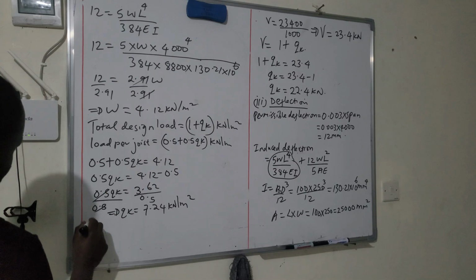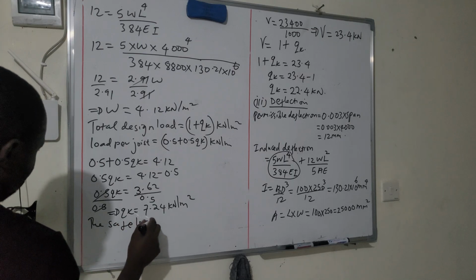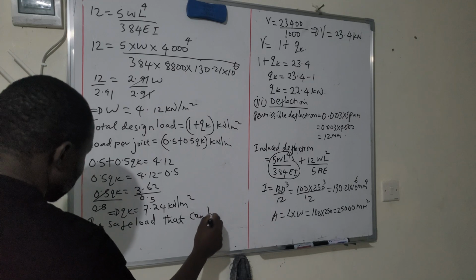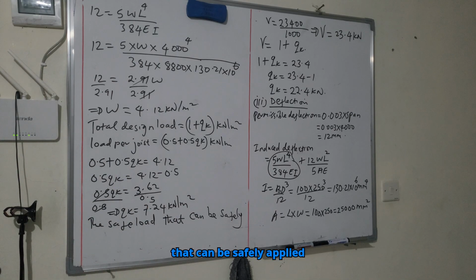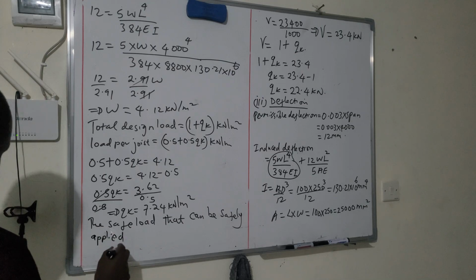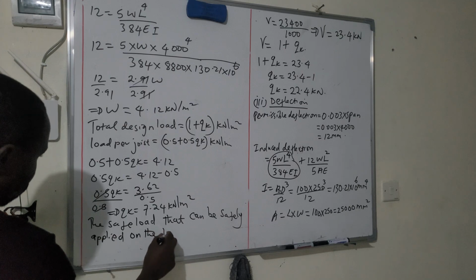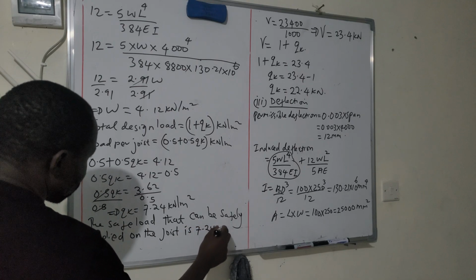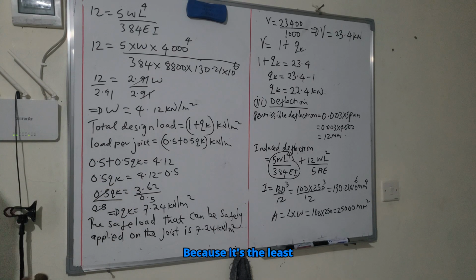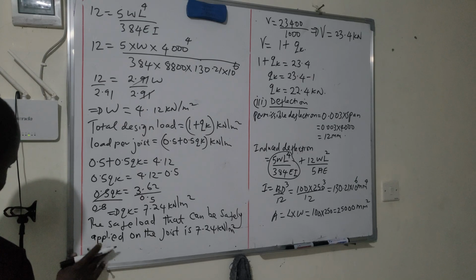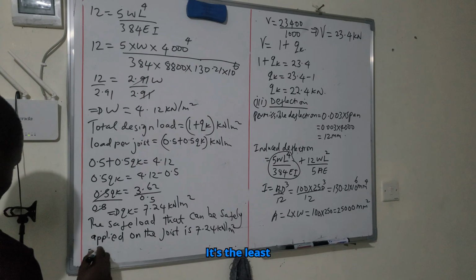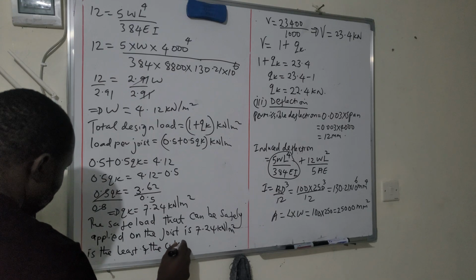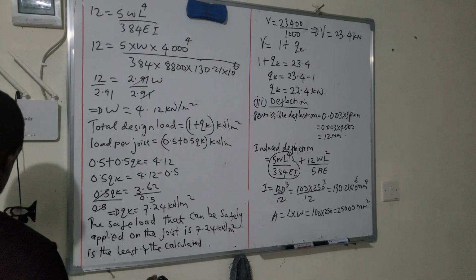Therefore, the safe load that can be safely applied on the joist is 7.24 kilonewton per meter square, because it's the least of the calculated values.